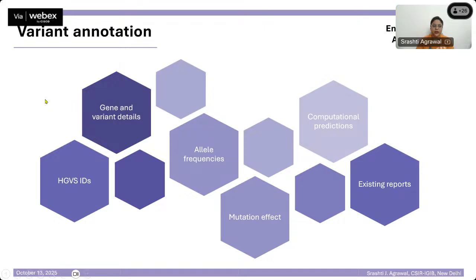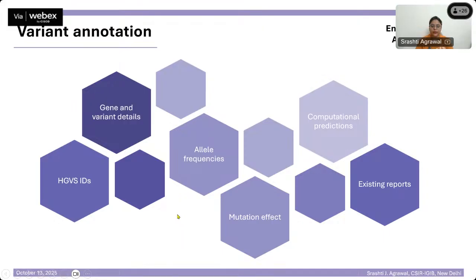Now, after we have reached the genetic variant, we want to understand what that variant is. Because as you will learn in your databases lecture, there are certain types of files and certain types of outputs that we get from each of these techniques.